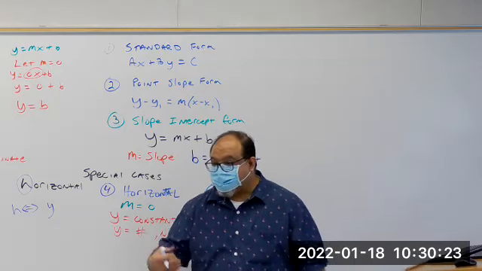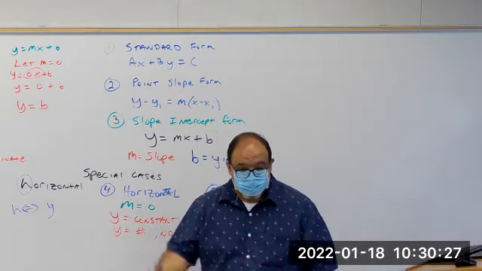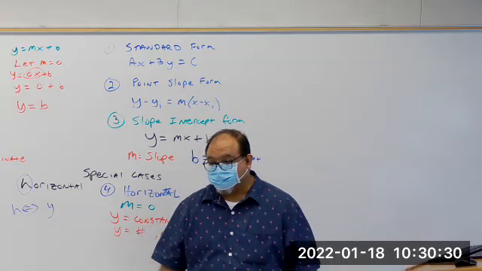But you've got to make a connection in some way to help you remember which one is which. So horizontal is Y by itself. It's the Y.